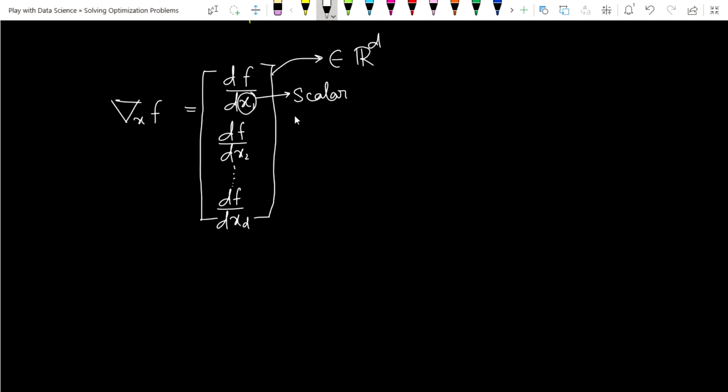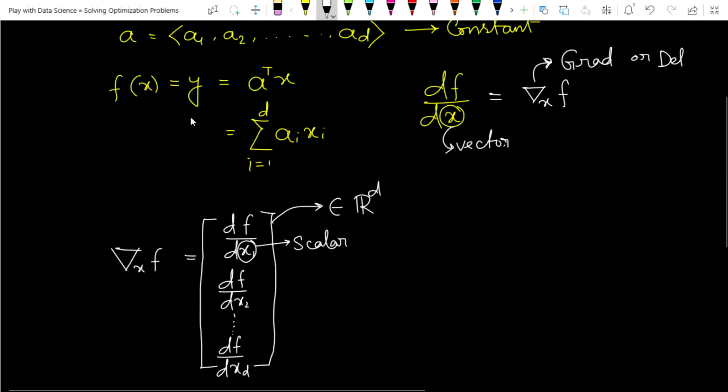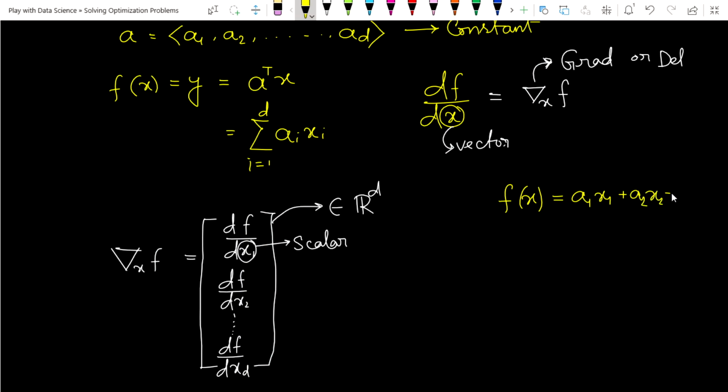In another language, if a function has more than one variable, here our function f of x is a1 x1 plus a2 x2 plus up to ad xd. This function contains more than one variable, x1, x2, up to xd.